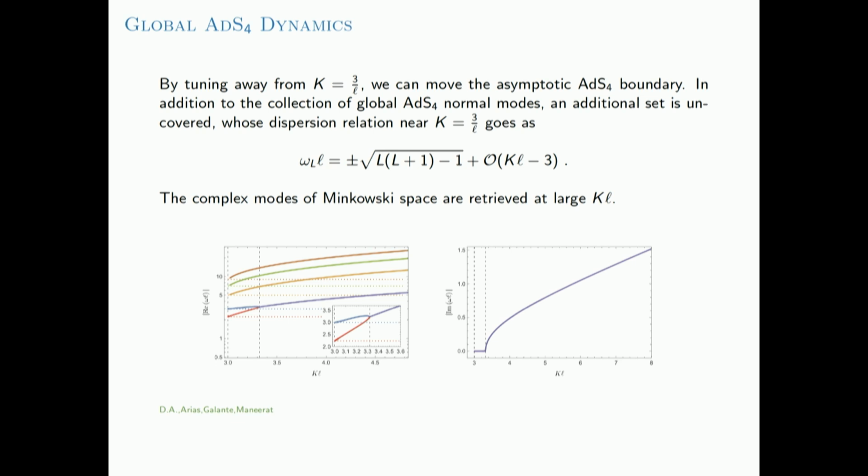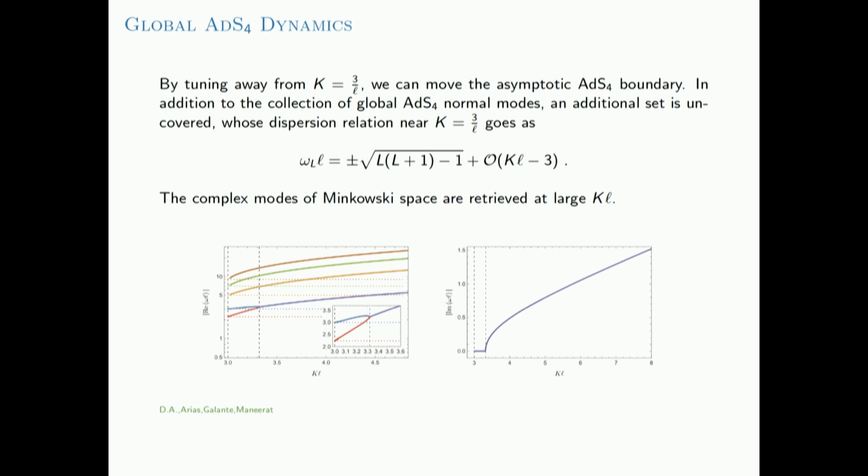And so here this is a plot for fixed angular momentum, and this is K going from 3 to larger values, which is pushing the boundary into AdS. So this is the standard box-like mode. The red one is the new mode, which has a massless dispersion.